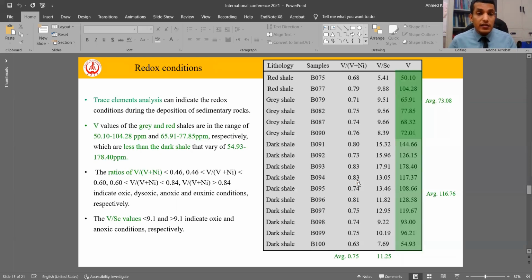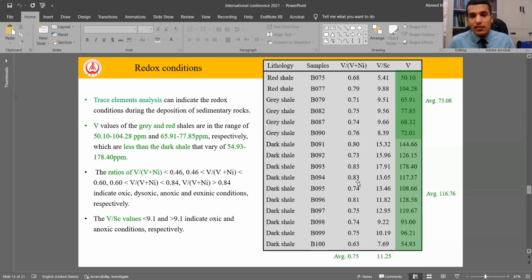Redox conditions are the second important factor that can enrich the organic matter accumulation. The redox conditions show that the Yuncheng Formation was deposited under anoxic conditions. We used the element vanadium, which is very suitable to trace the redox conditions, as it cannot be easily mobilized, so it can preserve original information.